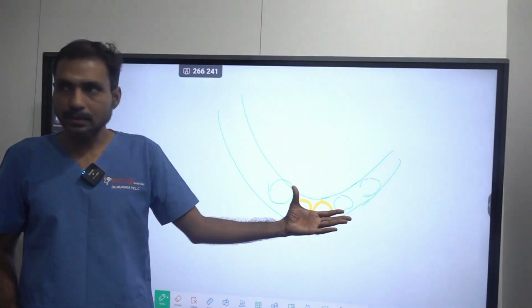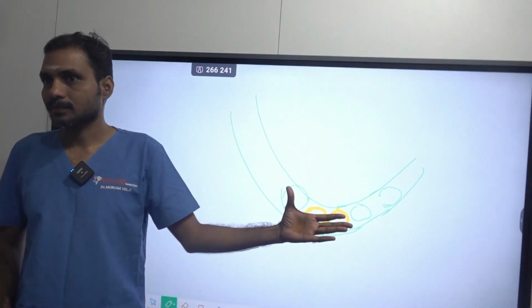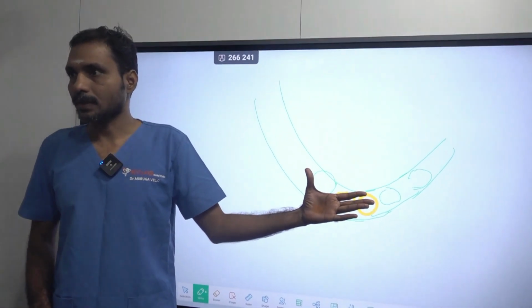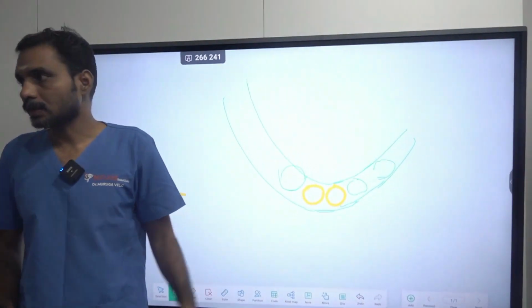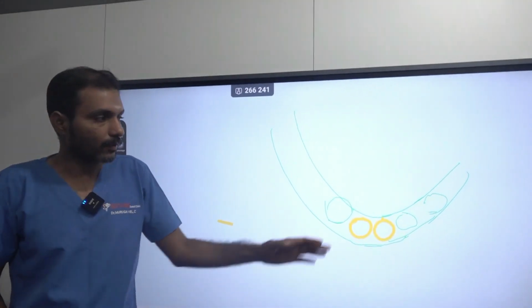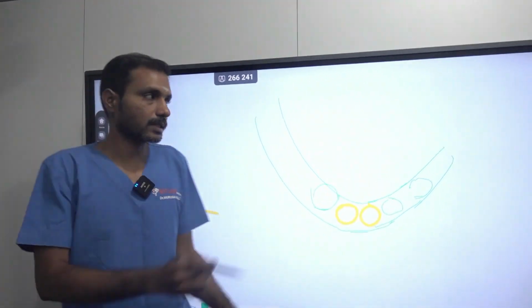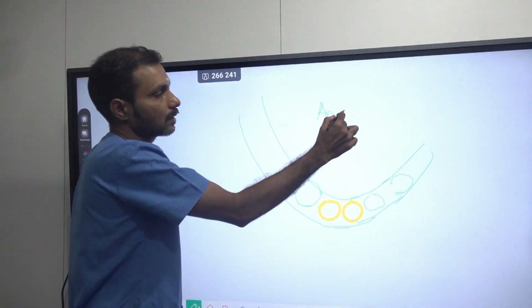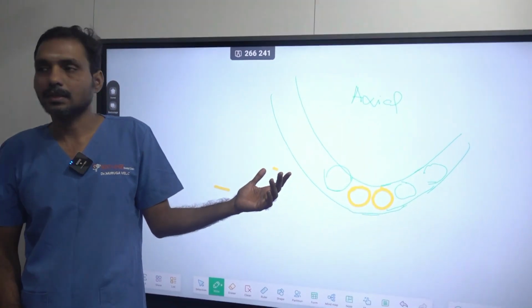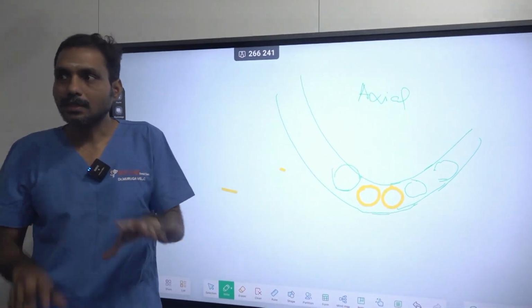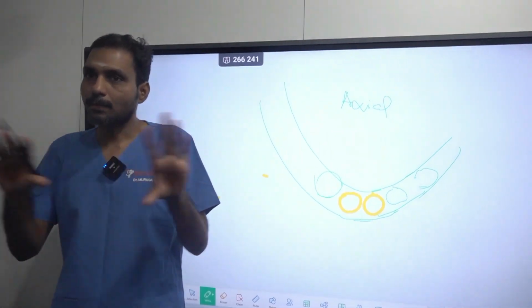If you see this view at the mid-root level or at the apical level, we could avoid this mistake. But we are not seeing this view, this axial view. We are not at all seeing this axial view. What we are seeing is the panoramic view.